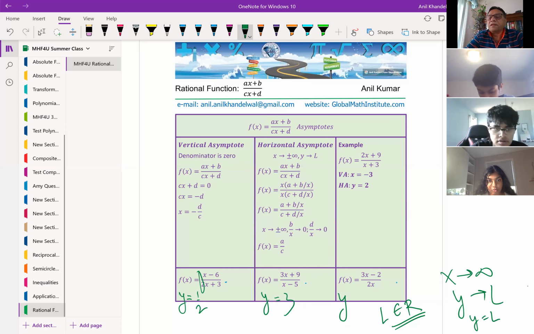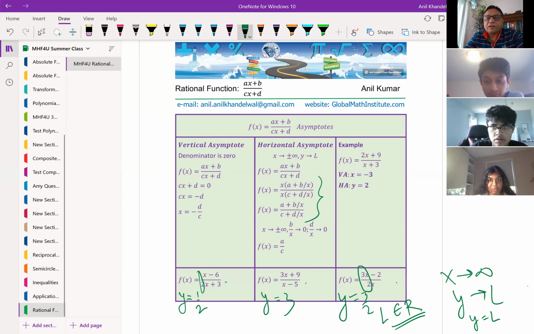How about this? Vishruta, tell me the equation of the horizontal asymptote. 3/2, correct? Just the ratio of the coefficients of x. Is that clear to you, everyone? So simple. You don't have to think about it. You don't have to show these steps, but these steps are important for you to understand.